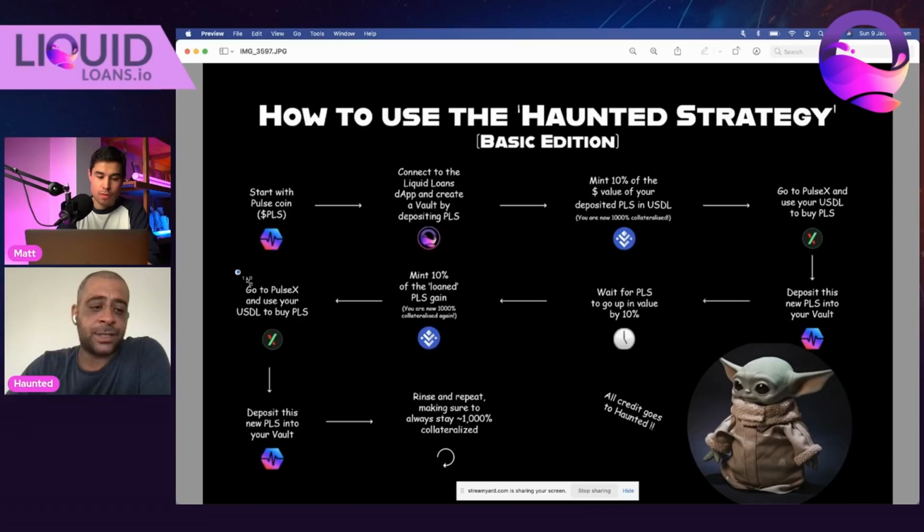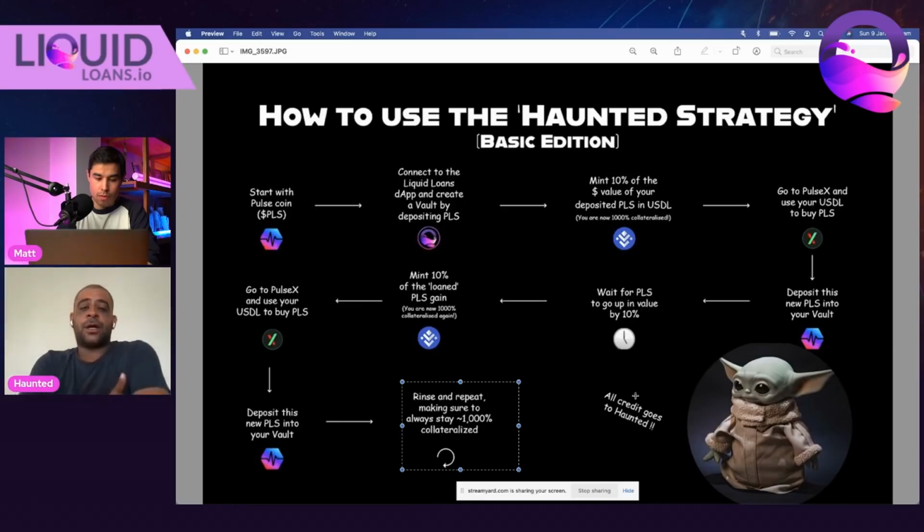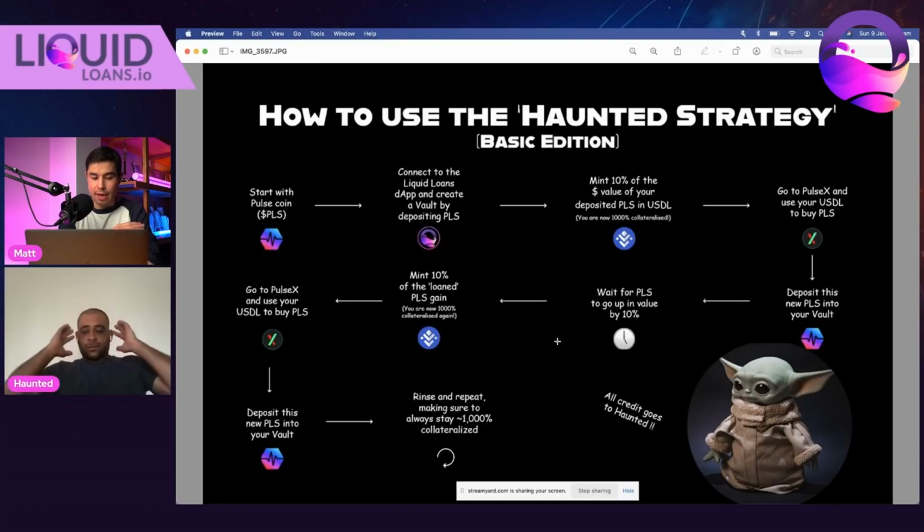So go back to PulseX, buy some Pulse, deposit that Pulse into your vault, and then simply rinse and repeat. You just keep this process going over and over, growing the Pulse that's sitting in your vault and compounding the price appreciation by gaining more Pulse. And you're always staying at 1,000%. Is that correct? Yes.